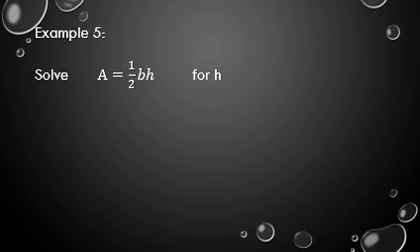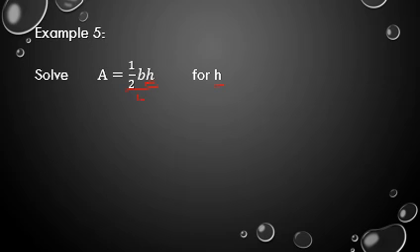Example 5, this is another formula that looks familiar. Area equals 1/2 base times height. And this is the formula for area of a triangle. So now what they're wanting us to do is to solve for H. So I find H over here, and I see that I need to get rid of a 1/2 and the B. Well, let's first get rid of the B. We see that the B is being multiplied, so the inverse of that is divide.